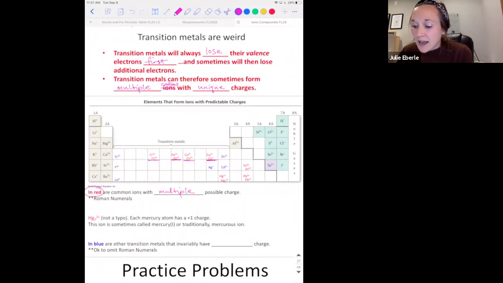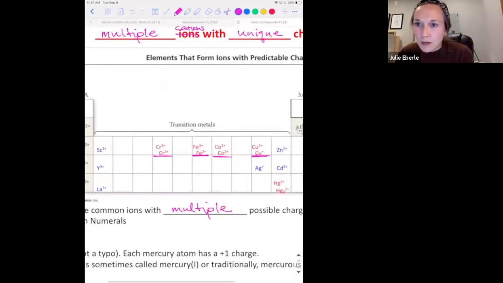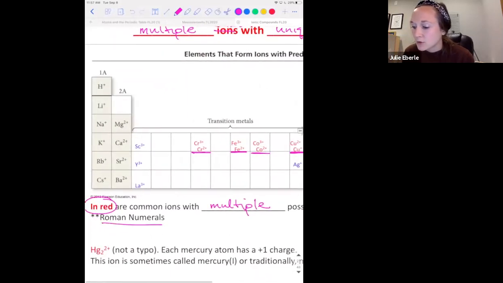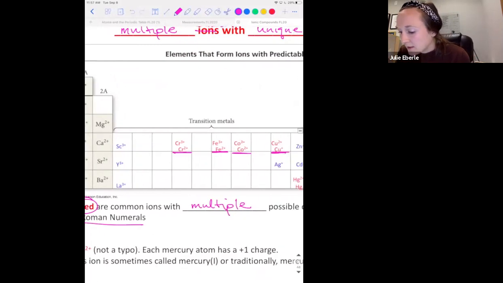Now, if I'm going to name these, how in the world do I know if I'm talking about the chromium +2 or the chromium +3? What we're going to find out when we go to name these is you have to use Roman numerals. So I would say chromium 2 if I was talking about the +2 one.